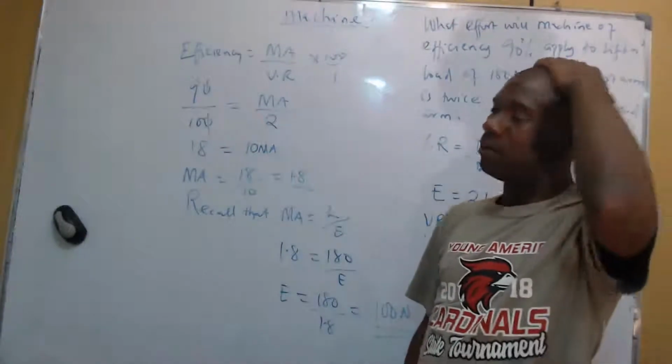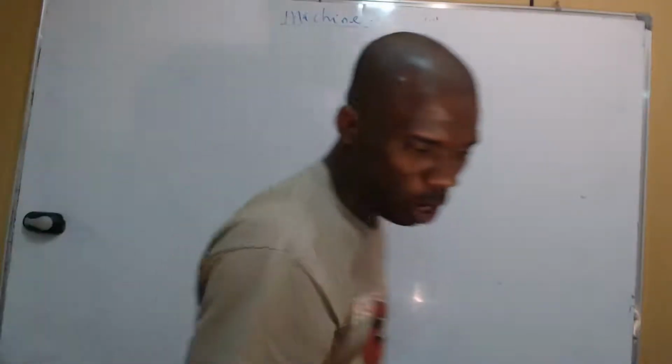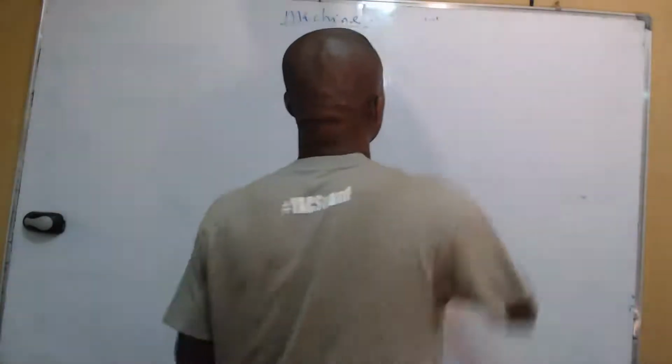So that gives that. Now, the third one is a machine whose efficiency is 75%.